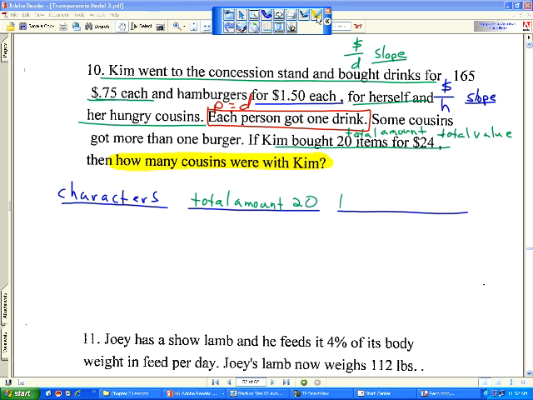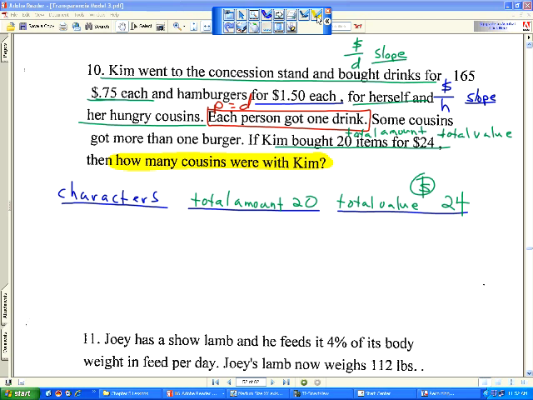Total value, what's our value measured in? Dollars. What other things has our value been measured in this course? Gallons of pure alcohol, pounds of pure protein, and amount of money, right? Those three things we've dealt with. Total value, $24.